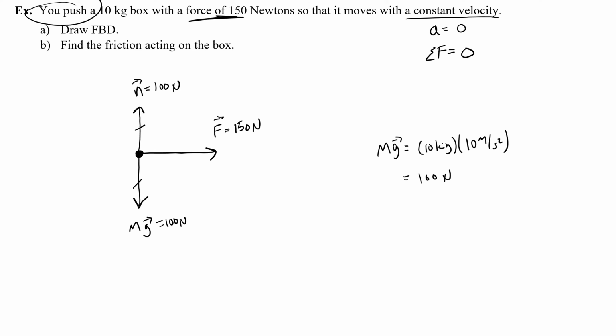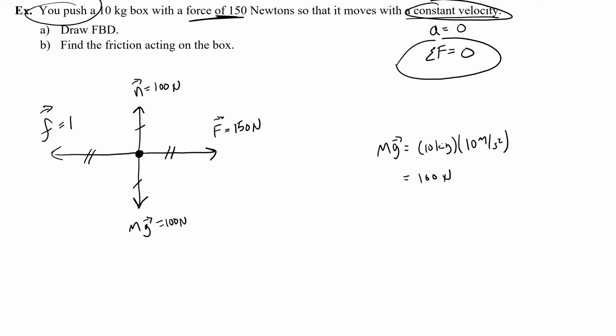That's your force. Now, in order for the net force acting on the box to be 0, so that there is a constant velocity, then friction has to be in the opposite direction and balance, or be equal to, that applied force.